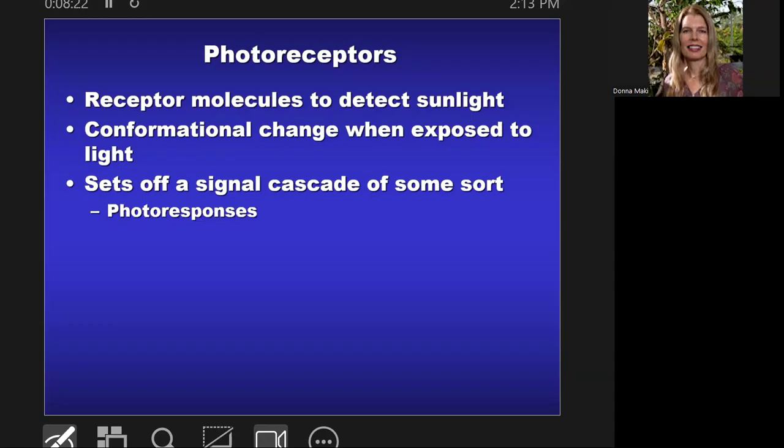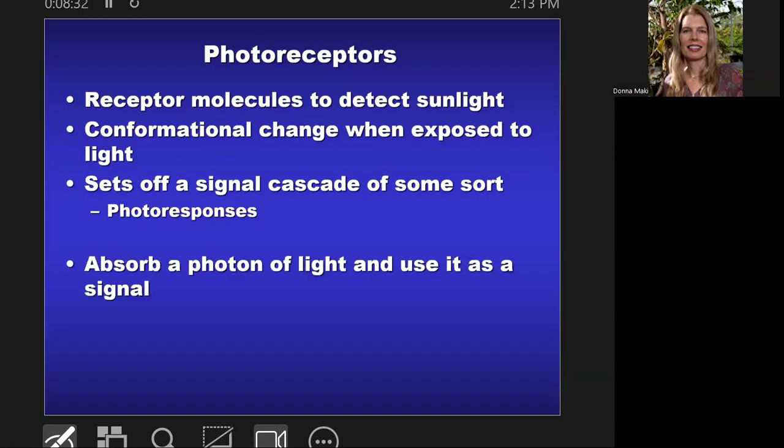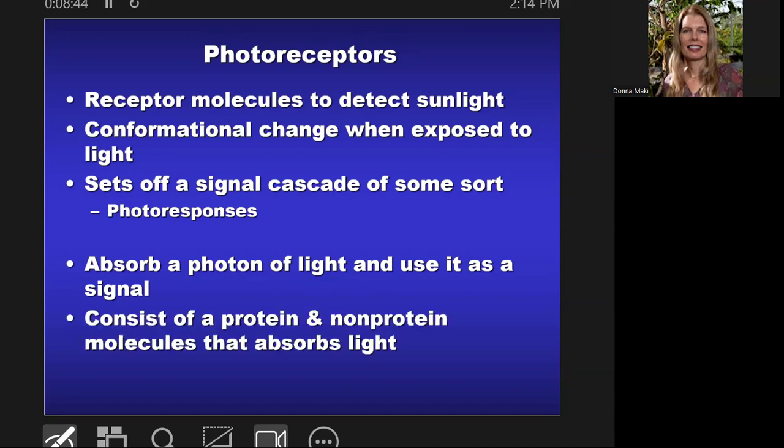And because it's due to sunlight, they often refer to it as a photoresponse. So what they're doing is these receptor molecules absorb a photon of light and they're using that as a signal. They're not using it for photosynthesis. They're using it as a signal to do something, to shift their behavior.